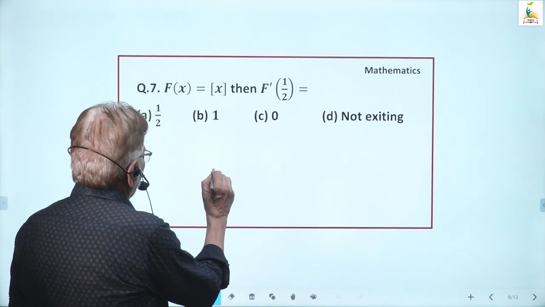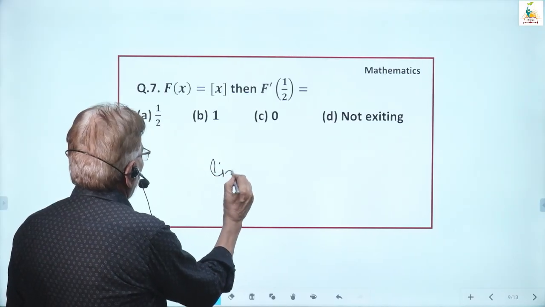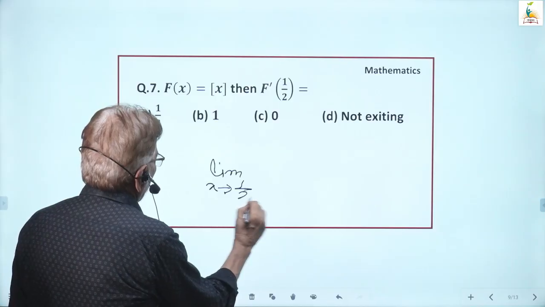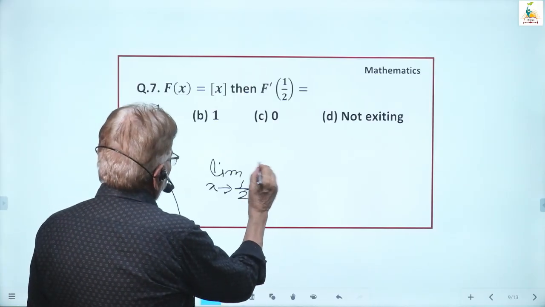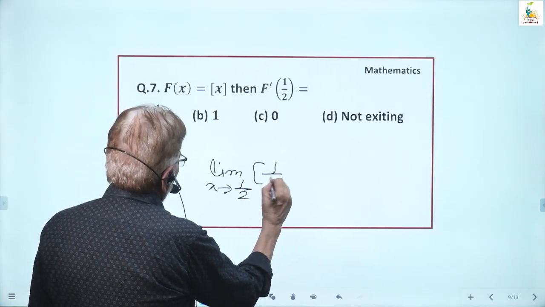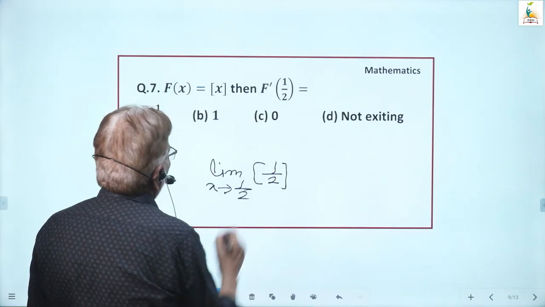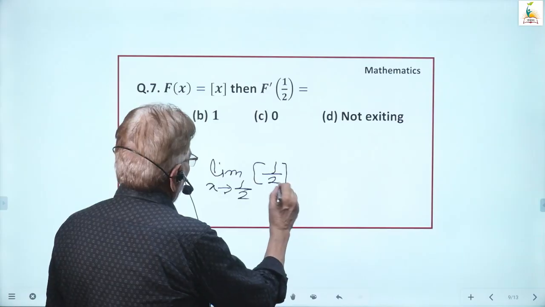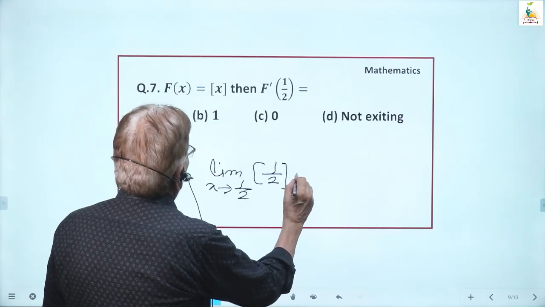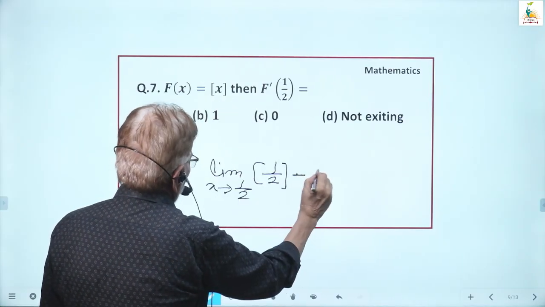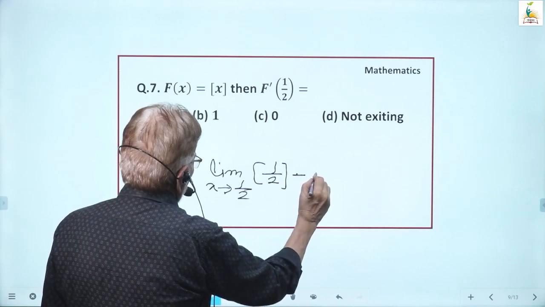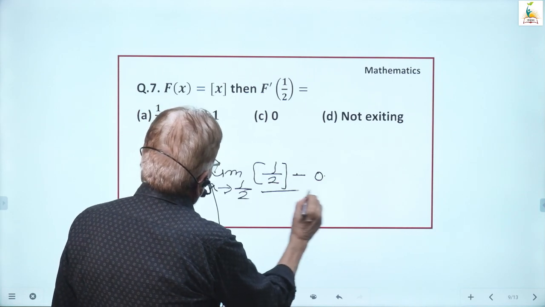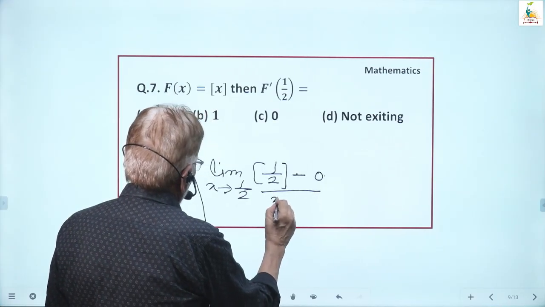So limit x tends to half, (f(x) minus f(half)) upon (x minus half).